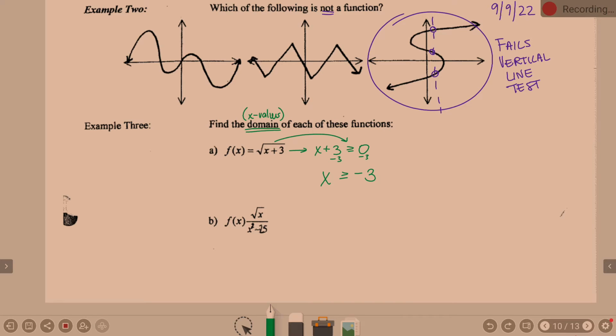Confirmation-wise, graph this. Instead of f of x, in order to graph it, we're going to think y equals square root of x plus 3. Take a moment and graph it, because the graph is always a good friend of ours that can help us to see what's going on.